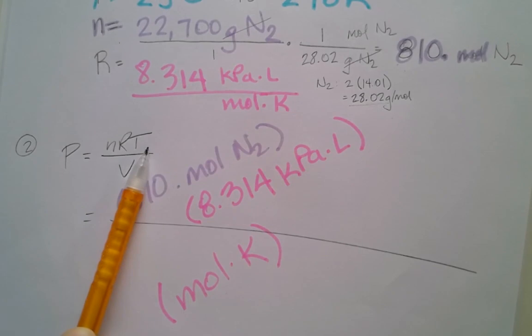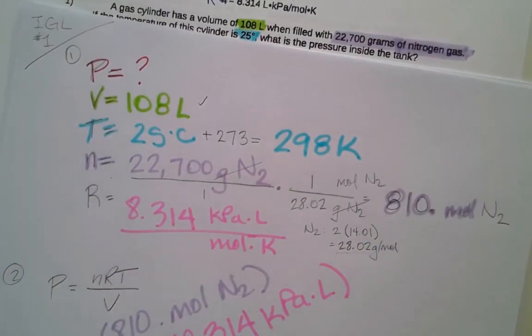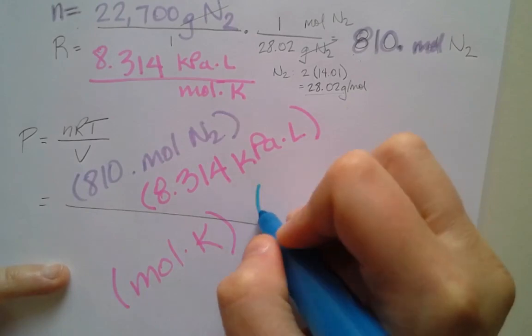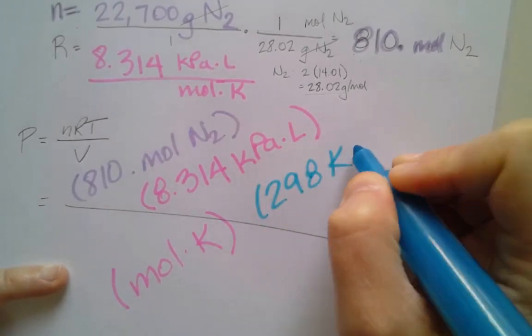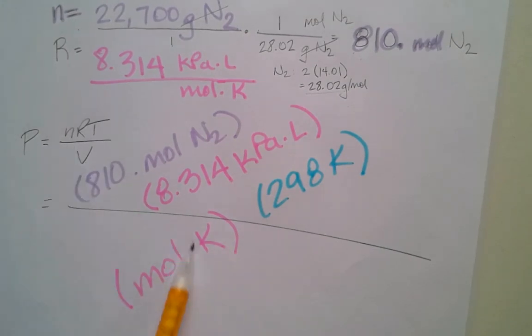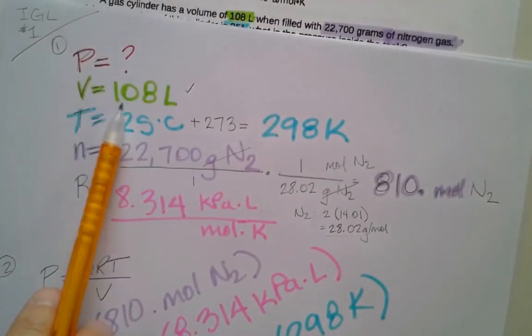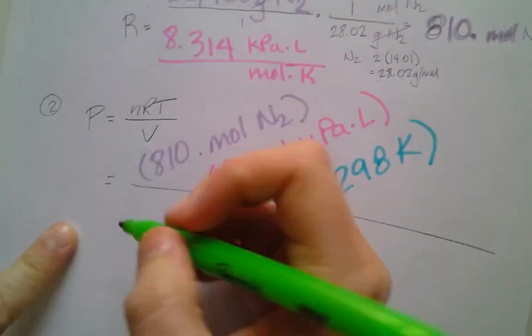Here's your temperature. Pull your temperature from your setup. We just picked that up and plunked it in. There's your N, there's your R, there's your T. You're just looking for your V. Your V from up here, 108 liters.